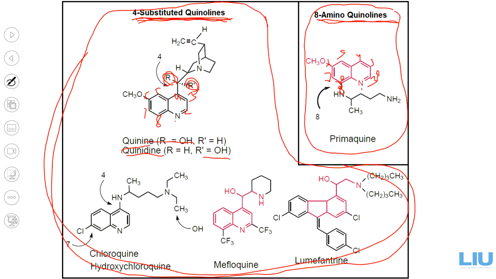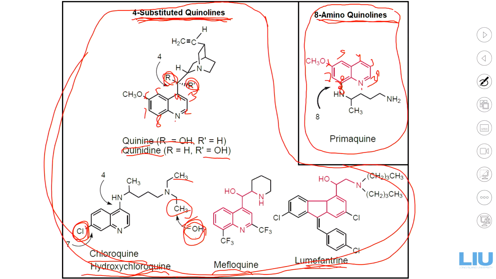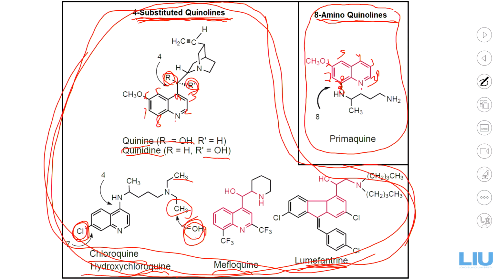Next we will see chloroquine, which has a chloro on position 7, and there is also hydroxychloroquine, which has a hydroxy on one of these ethyl groups. If you see hydroxy and chloro, it's hydroxychloroquine. If there is no hydroxy group, it's chloroquine. Finally we have mefloquine and lumefantrine. All of these have the same mechanism, and they're known as 4-substituted quinolones.